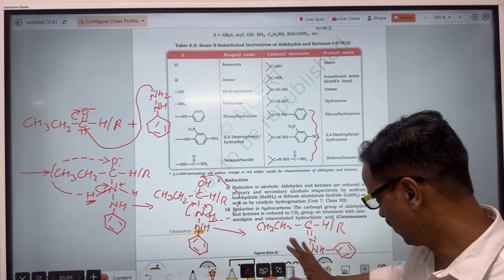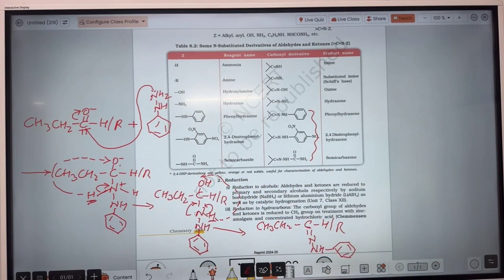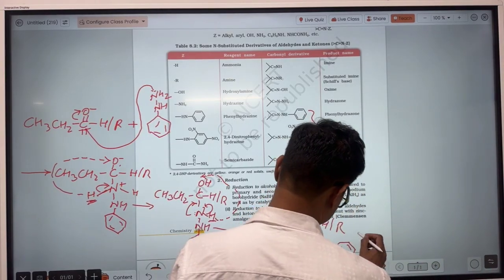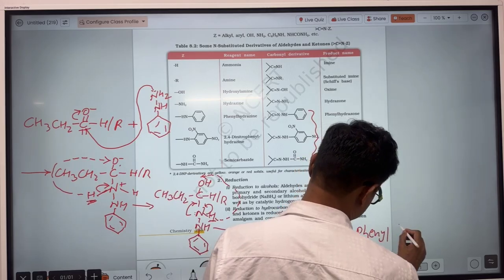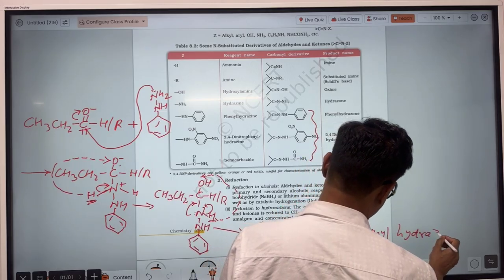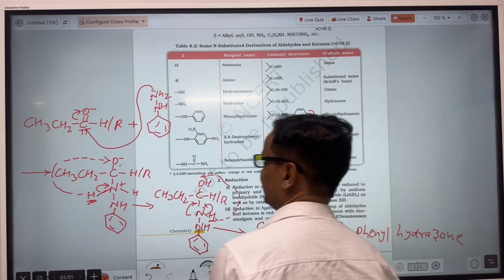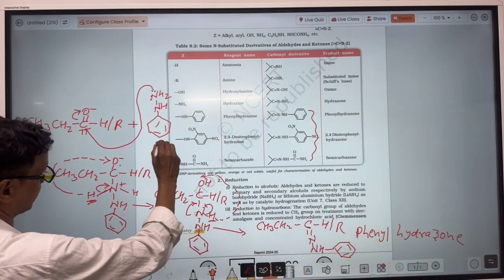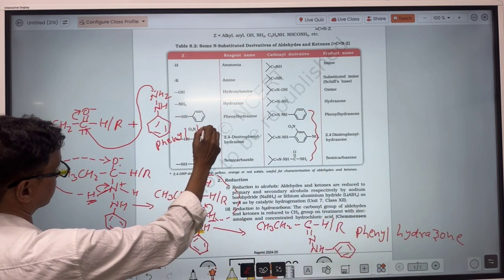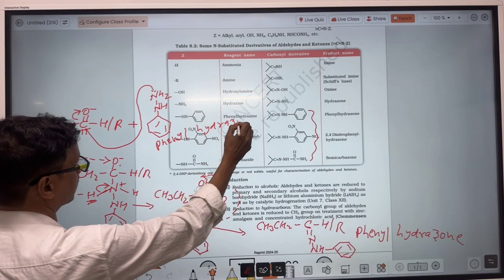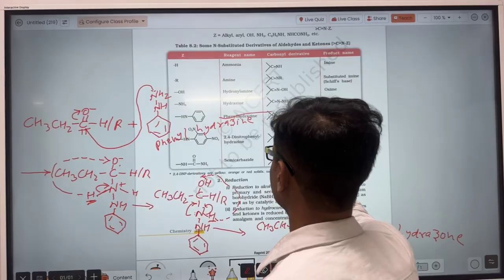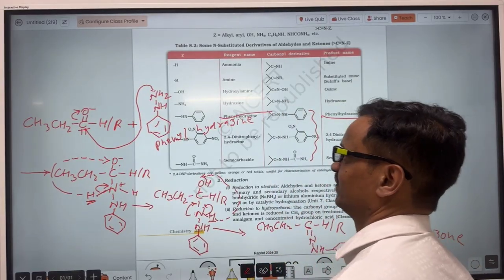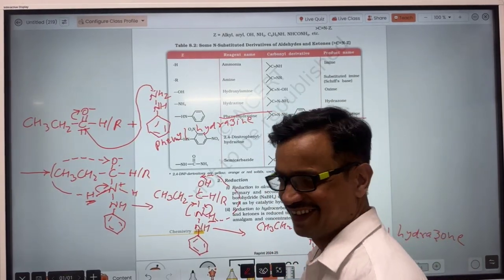And the compound formed after the reaction will be called phenylhydrazone. It's also written here: the reagent is phenylhydrazine and the product will be phenylhydrazone.